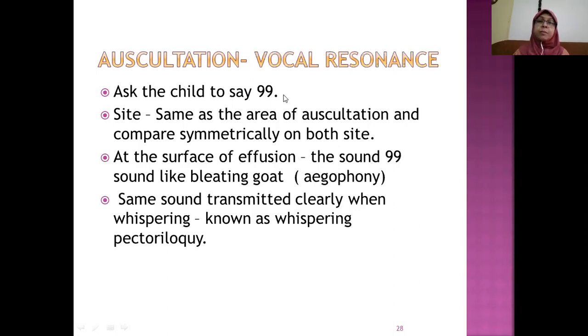For vocal fremitus you used the palm of your hand, but here you are using the diaphragm of your stethoscope. The site is the same as the areas of auscultation, and compare symmetrically on both sides, that is at the mid-clavicular line, mid-axillary line, and scapular line.